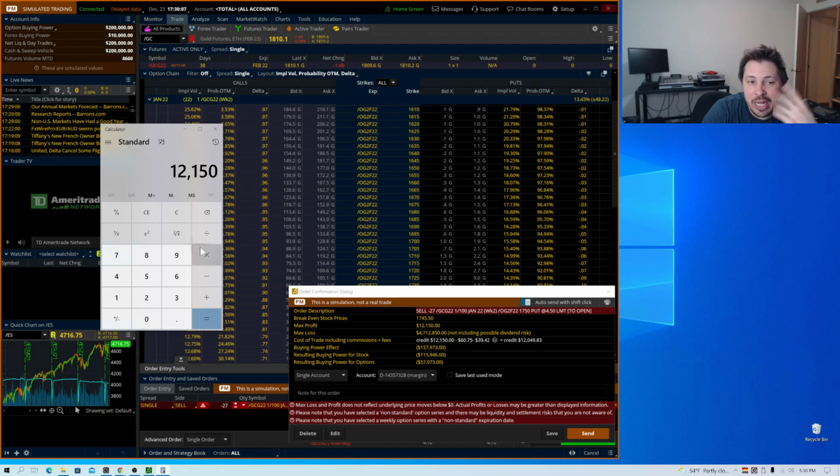So 12,150 divided by 157,973 times 100%. Again, this is a 7.69% cash on cash return over 22 days of time.